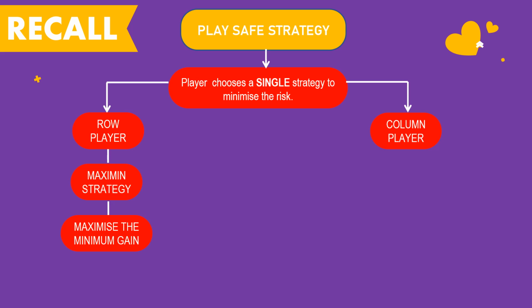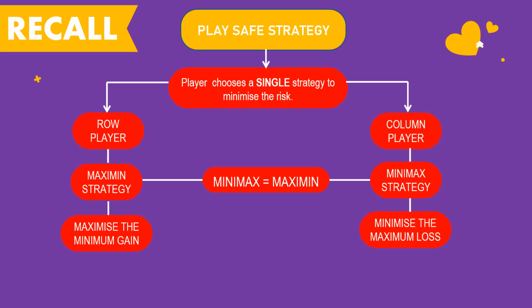The column player will choose the minimax strategy that will minimize his maximum losses. When the value of the minimax is the same as the value of the maximin, then there exists a saddle point. Thus, the game is said to have a stable solution.